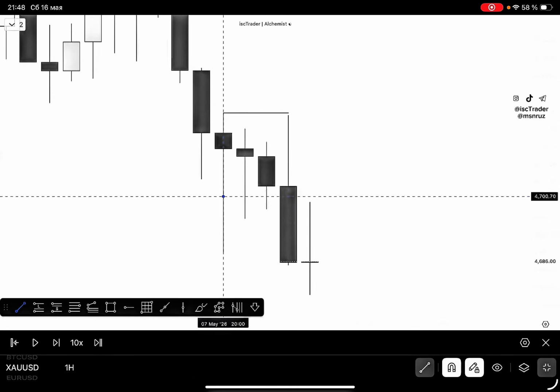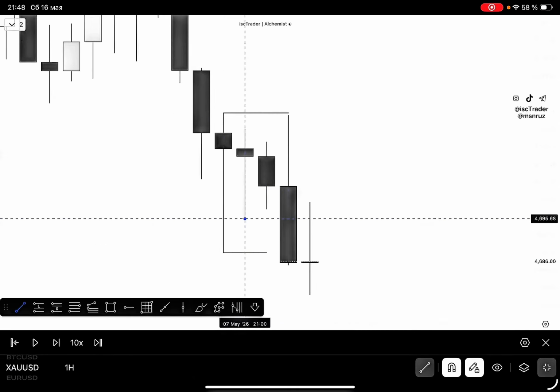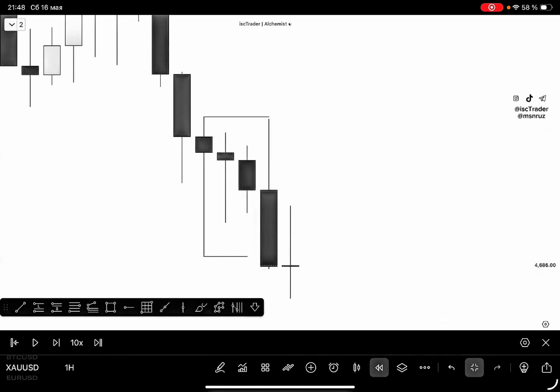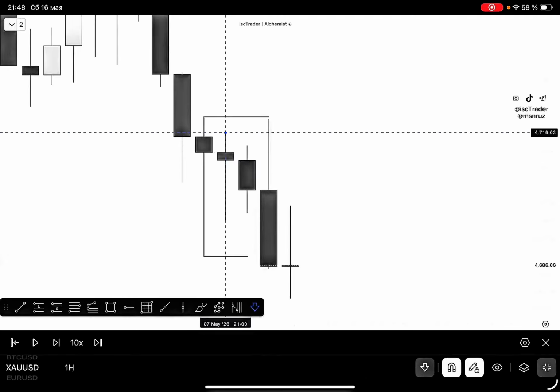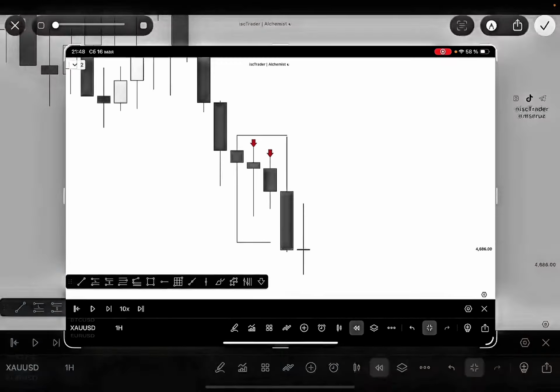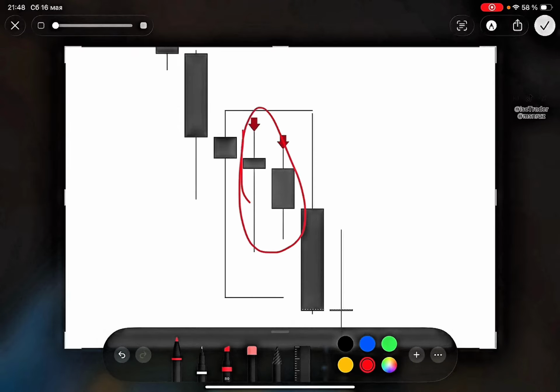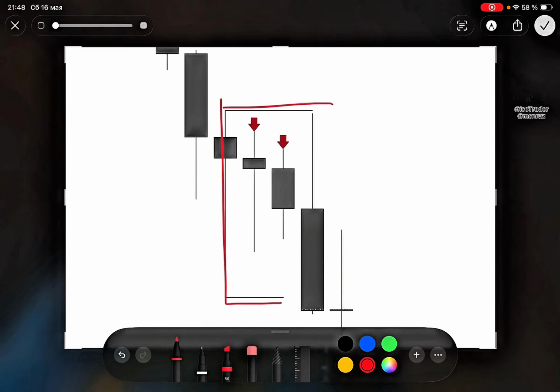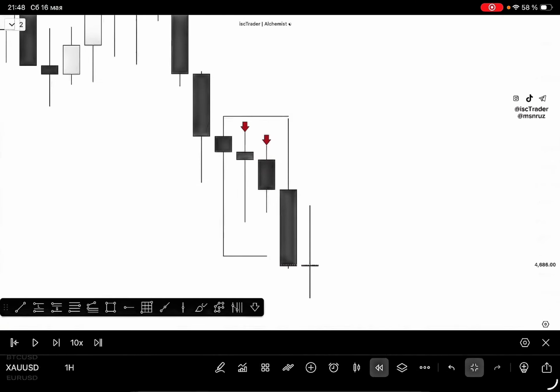Okay, one candle opened, and the subsequent candles are a range, meaning they have stayed inside this first candle. That is considered a candle range.